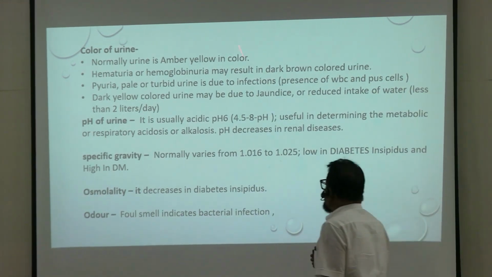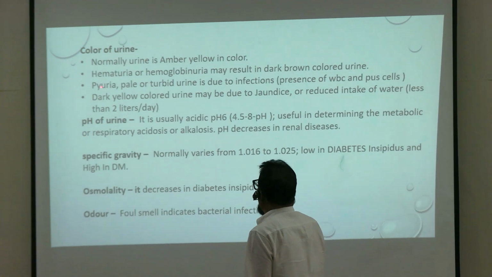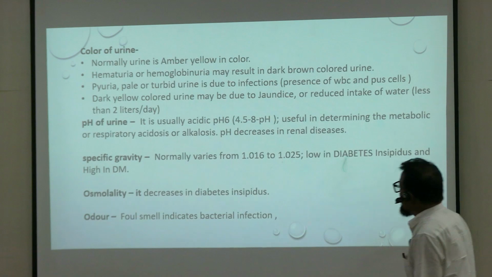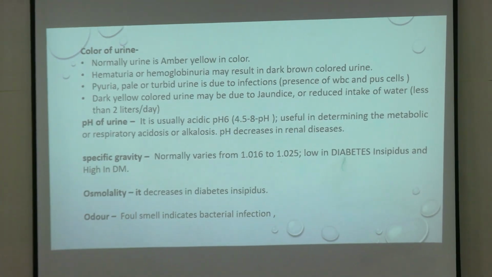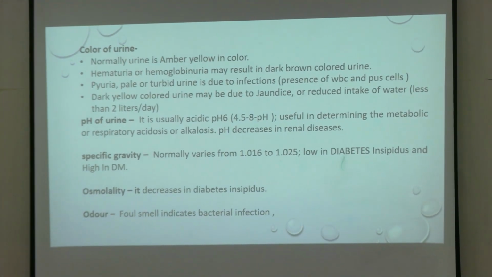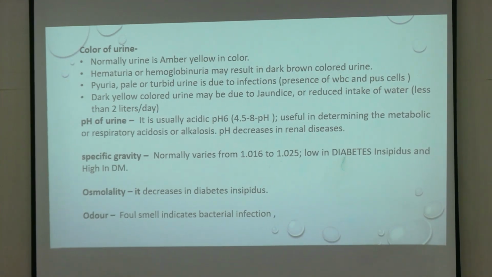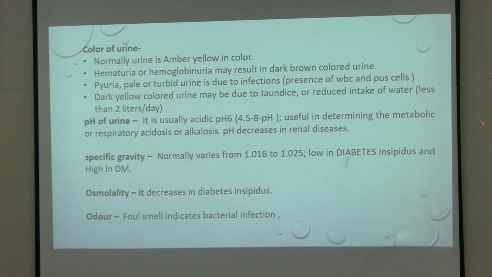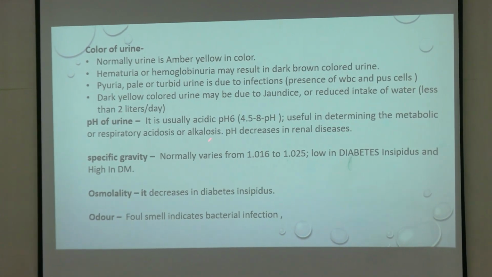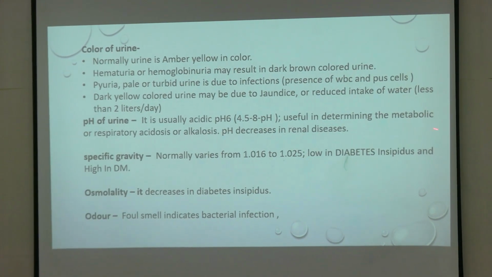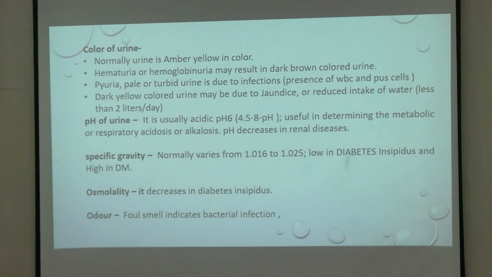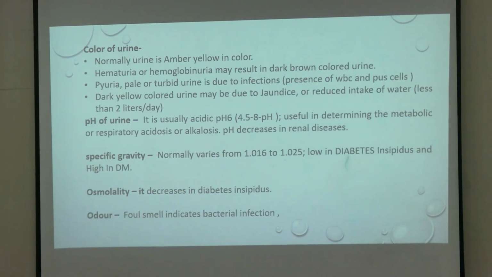And the pH of urine is normally 4.5 to 8, but it can increase or decrease, particularly in different metabolic disorders, such as metabolic acidosis, respiratory acidosis, or metabolic alkalosis, which may change the normal pH of the urine.